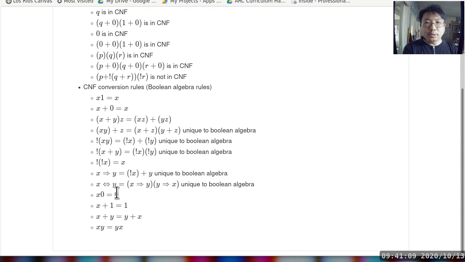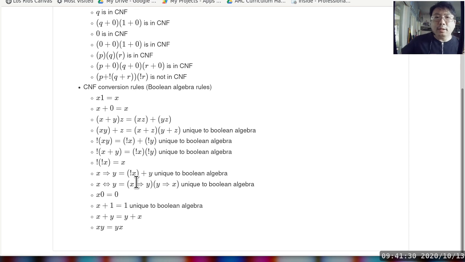x times 0 is 0 is also true in normal algebra. This one, the OR, is unique to Boolean algebra. Commutatives are not unique to Boolean algebra because normal algebra has those as well.